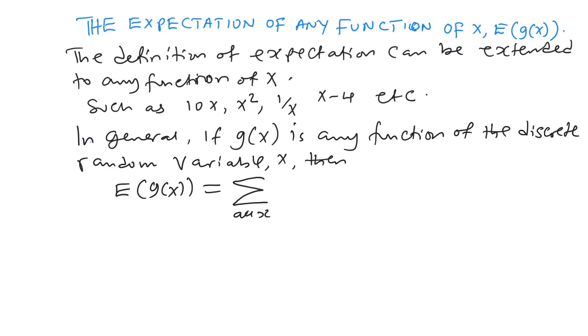You get g of x and multiply by the probabilities. It is like the way we have been calculating expectation.